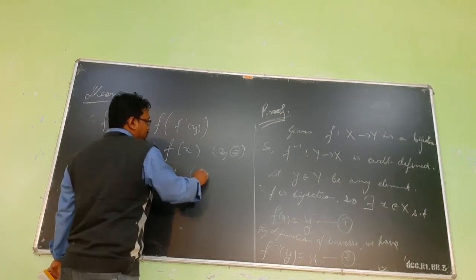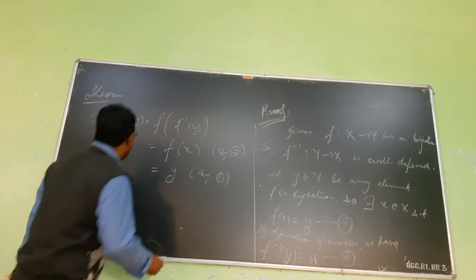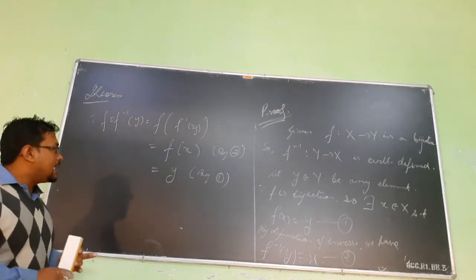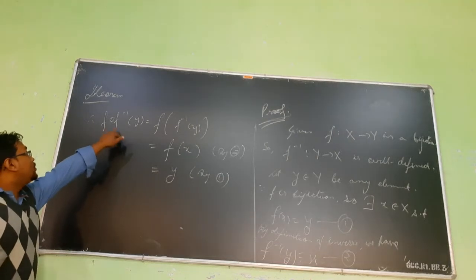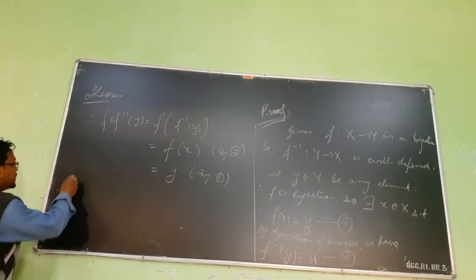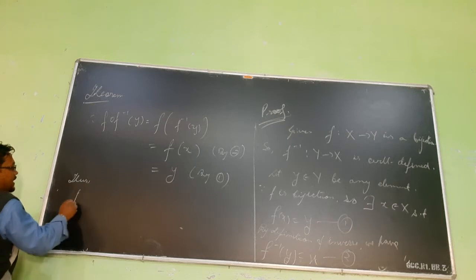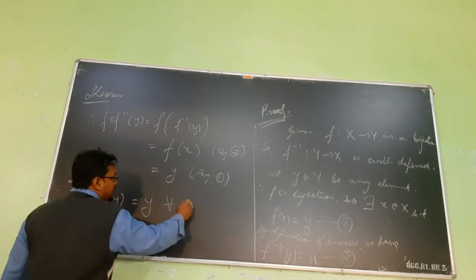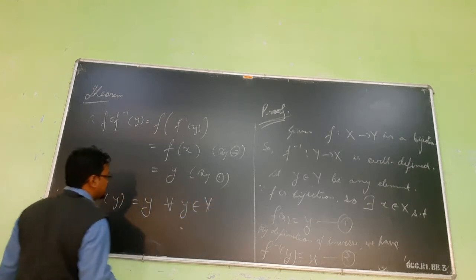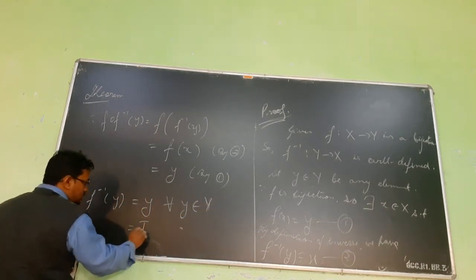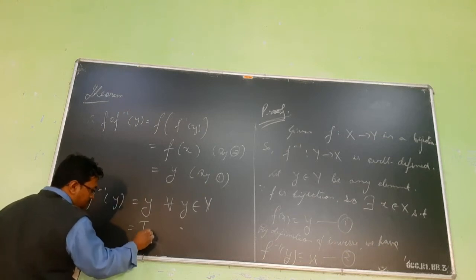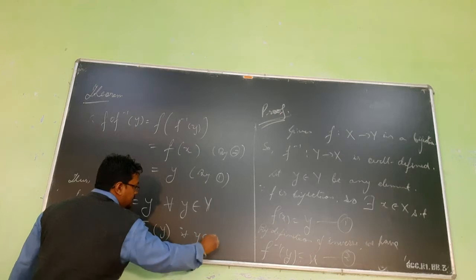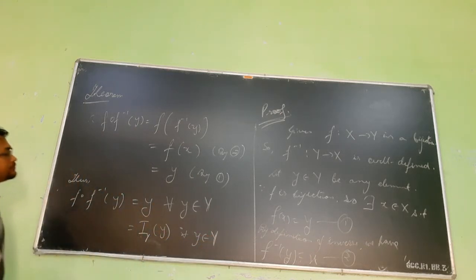So we have taken any element from capital Y, and for any element f of f inverse y is y. Thus f o f inverse of y is equal to y for all y inside capital Y. So this is equal to i_y of y, the identity map on y.